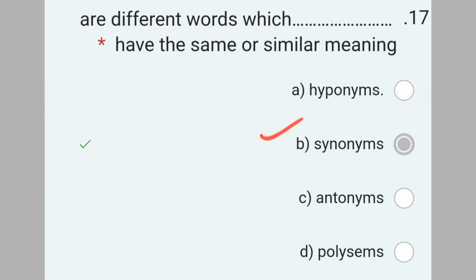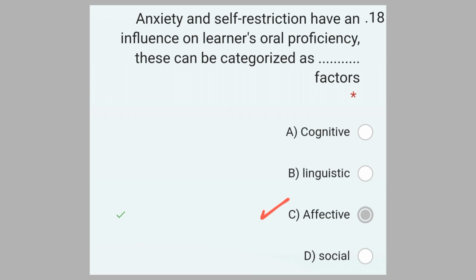Different words which have the same or similar meaning are A. Hyponyms. B. Synonyms. C. Antonyms. D. Polysemes.